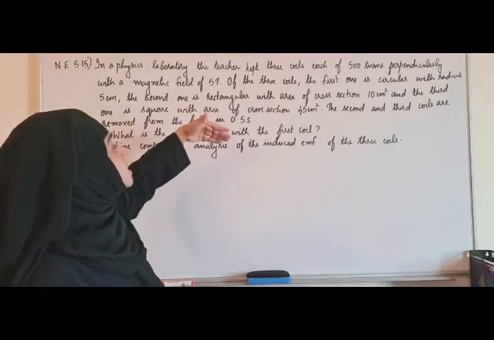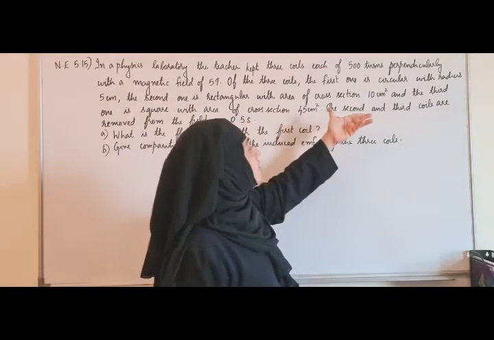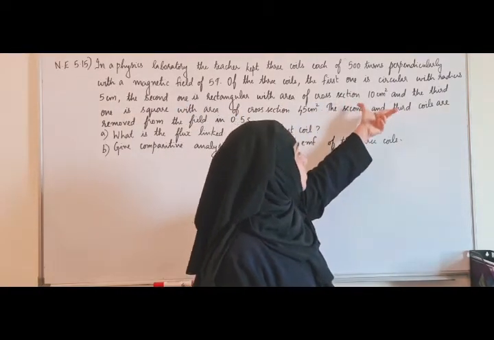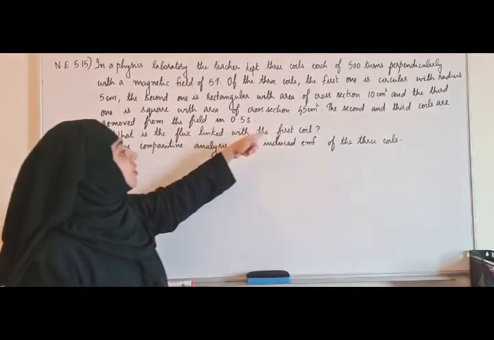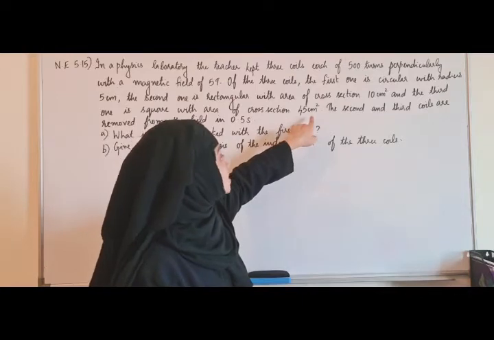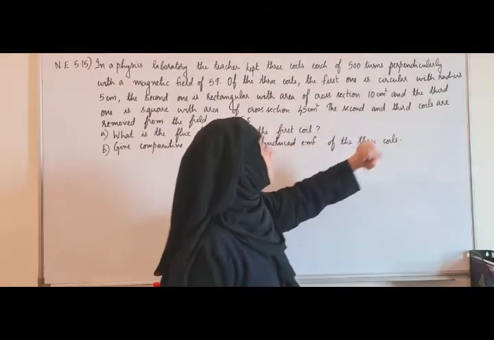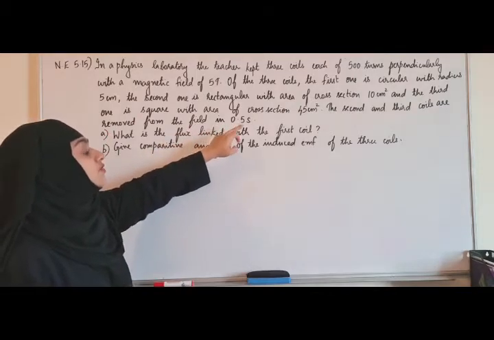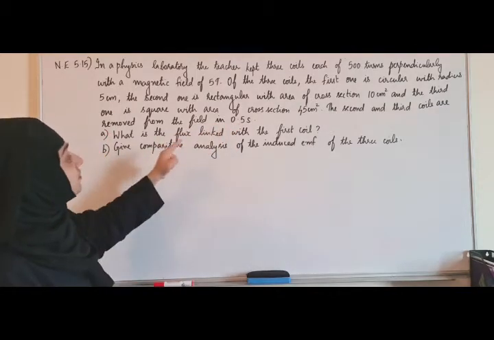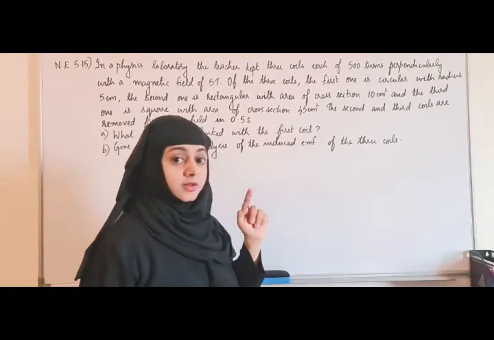The second one is rectangular with area of cross section 10 centimeter square. And the third one is square with area of cross section 45 centimeter square. The second and third coils are removed from the field in 0.5 seconds. A, what is the flux linked with the first coil?